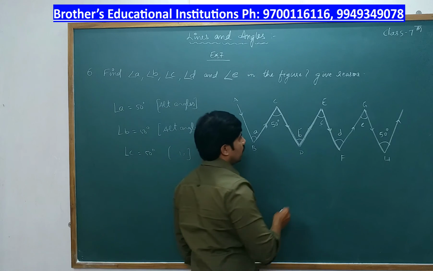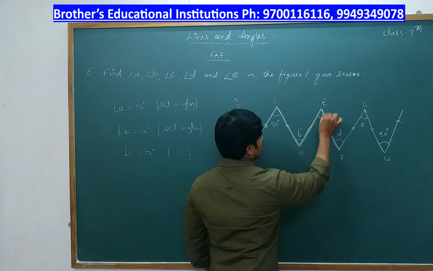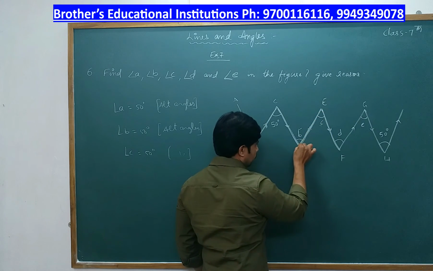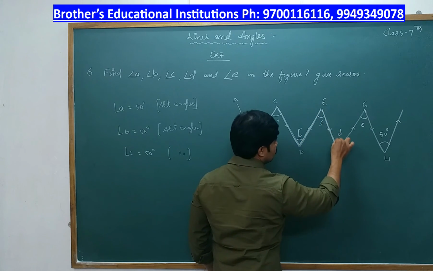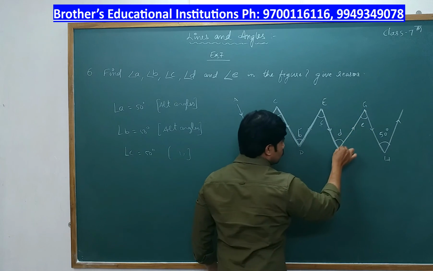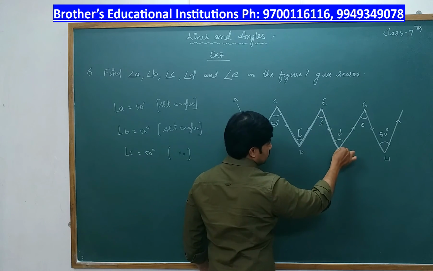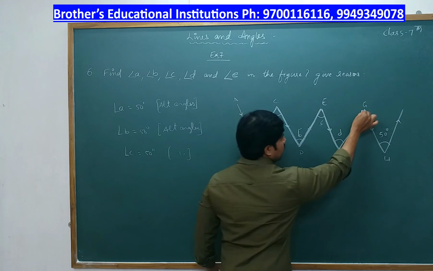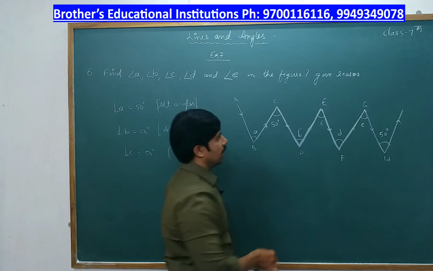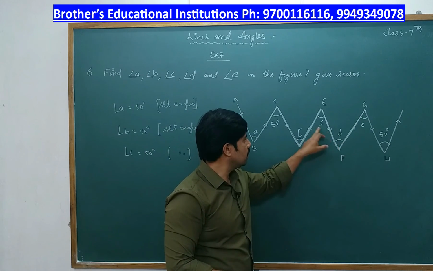Now, after getting B, these two are not parallel lines, but these two are parallel lines, and this is the transversal. ED and GF are parallel lines, and these two angles are equal.